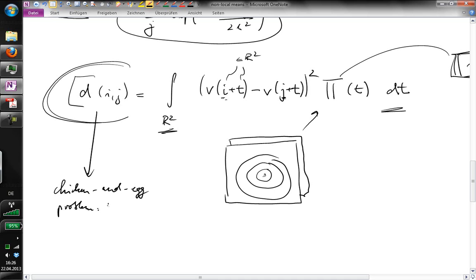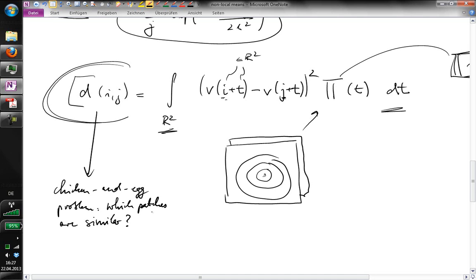So we have the question of which patches are actually similar or dissimilar. And to answer that reliably, it would be good to have a noise-free image. But we're doing the whole thing to obtain a noise-free image. So this is a bit of a circular argument.